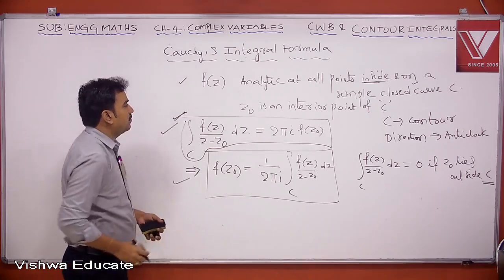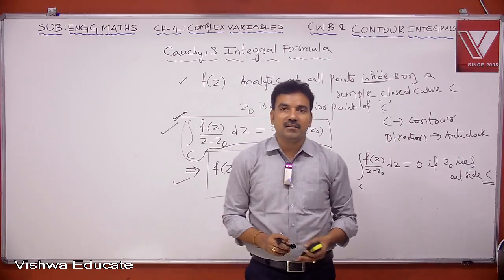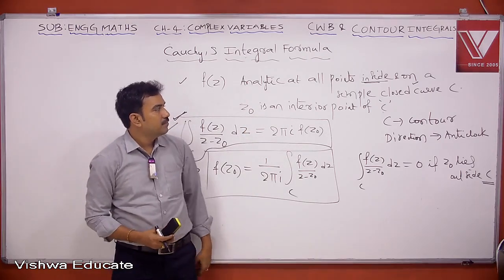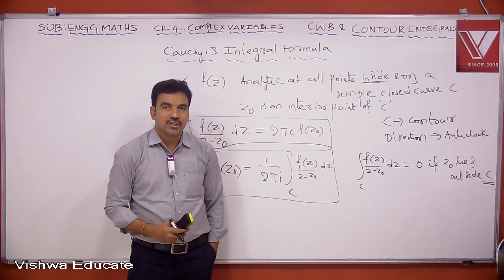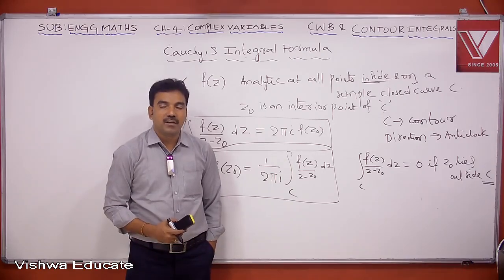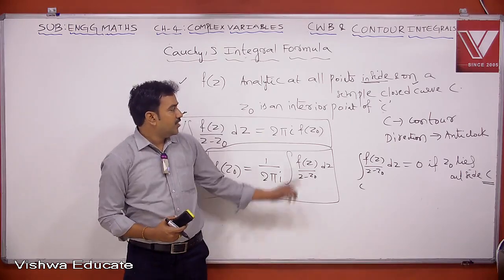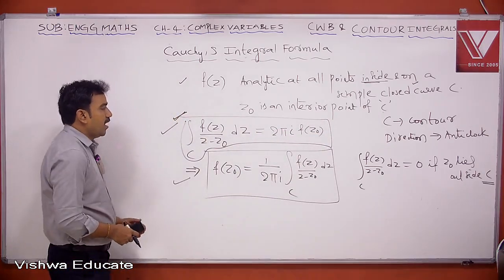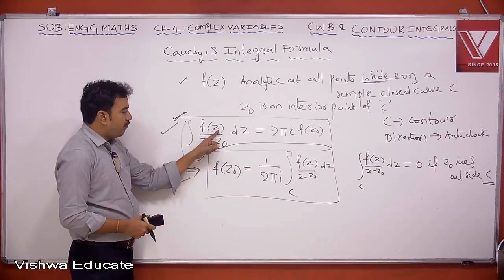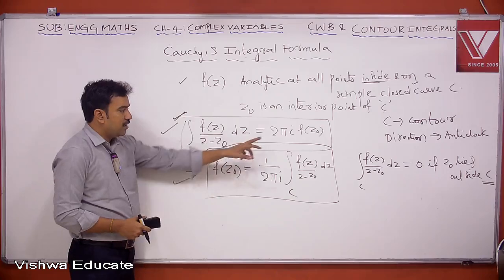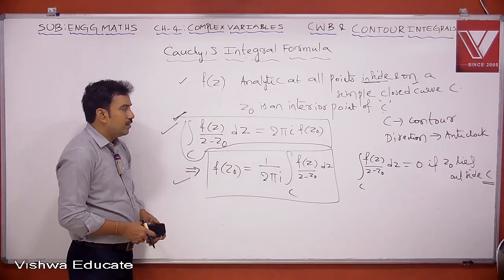Let f of z be a function which is analytic at all points inside and on a simple closed curve C, and z naught be an interior point of C. Then integral f of z by z minus z naught dz over C equals 2 pi i times f of z naught.